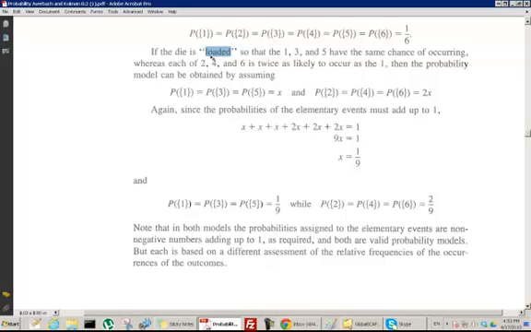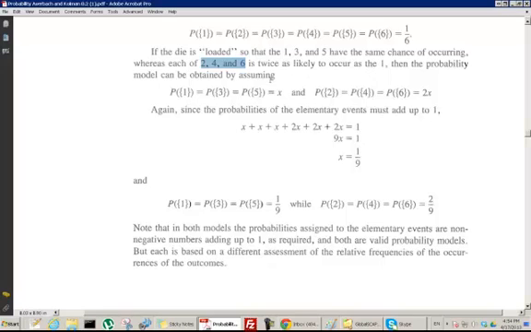So suppose the die is loaded or unbalanced, so that 1, 3, and 5 all have the same chance of occurring, and 2, 4, 6 all have the same chance of occurring, but these are twice as likely to occur as these. So 2 is twice as likely to occur as 1, 3, or 5. 4 is also twice as likely to occur as 1, 3, or 5, and so on. So these numbers are twice as likely to occur.